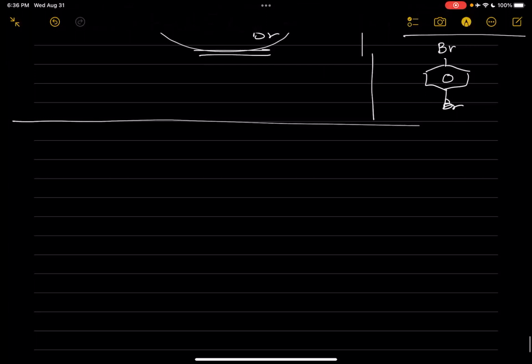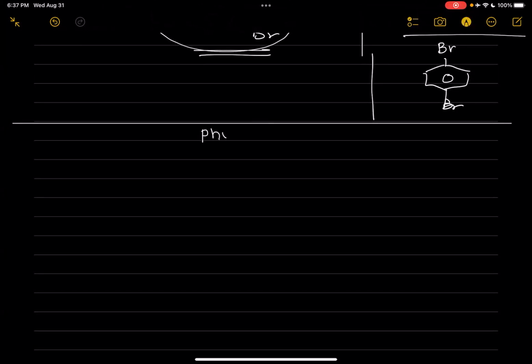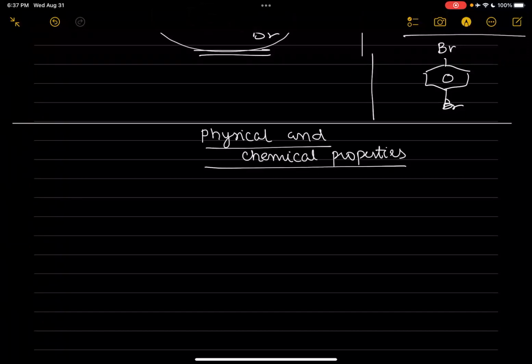Now we will look at the physical and chemical properties of alkyl halides. So we need to consider what type of bond they have.